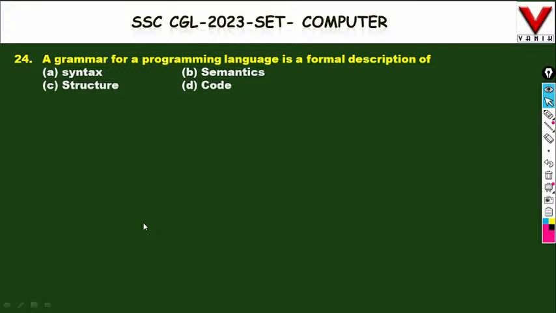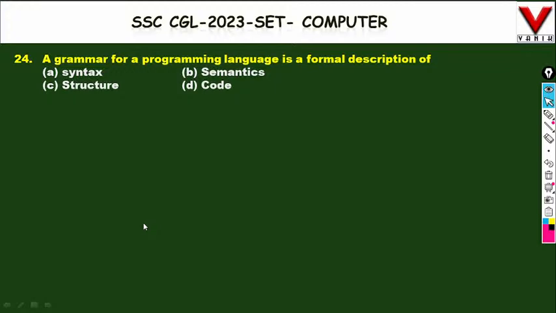Syntax is the set of rules that express the logical steps of a solution algorithm, or it's a way of executing the commands. Semantics is the set of some rules and regulations for programming language.